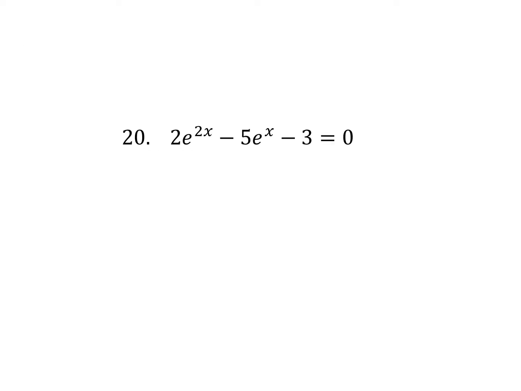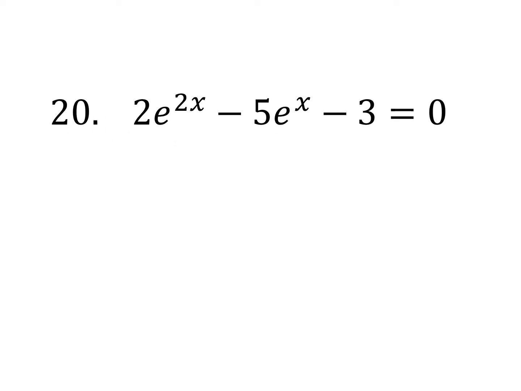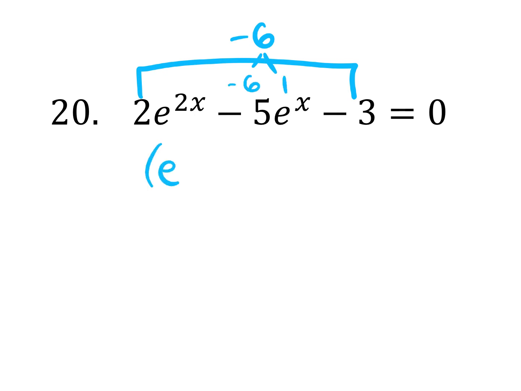Right, so 20 is another one that we have to factor because it has e to the 2x and e to the x. So how would I factor this? Multiply the first times the last, so we get negative 6. What are two factors of negative 6 that add to negative 5? Negative 6 and 1, awesome. So this would be e to the x minus 6 and e to the x plus 1.